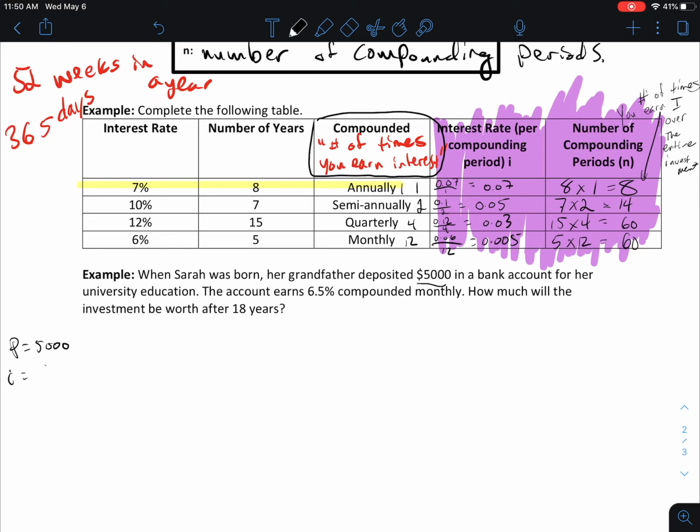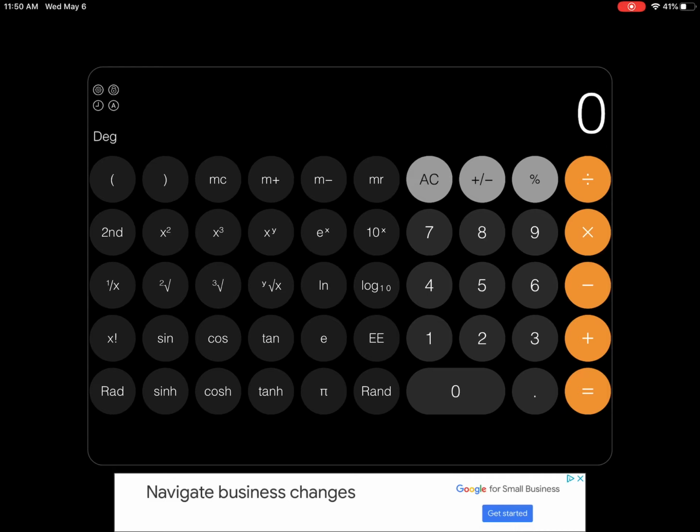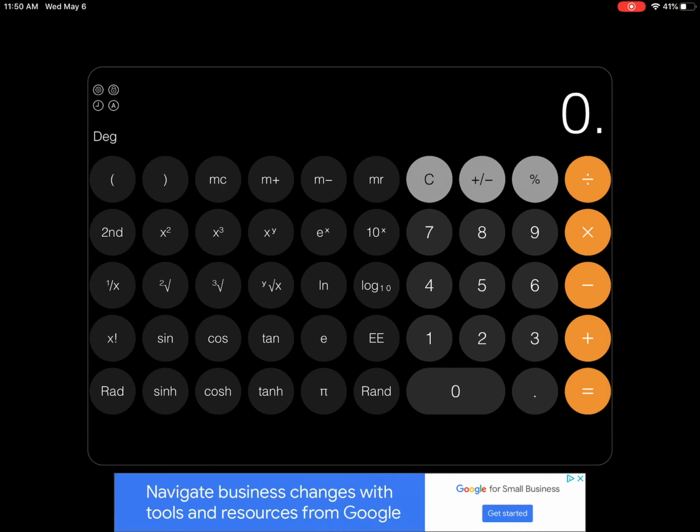Now, the interest, and here's where a little bit of work is going to be involved. The I value is going to be 6.5%, which I'm going to write as a decimal, so 0.065. Now here's the other catch though. It's compounded monthly, so every month you're going to earn a fraction of the 6.5%. What is the fractional amount? It's 6.5% divided by 12, which you could type in your calculator.